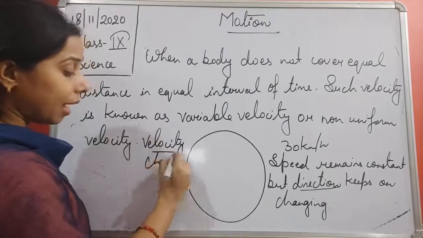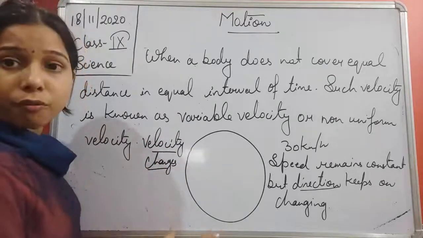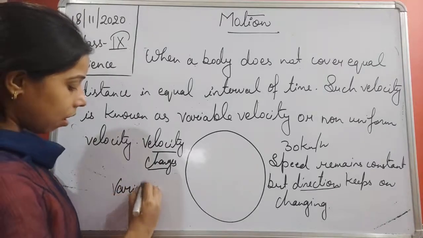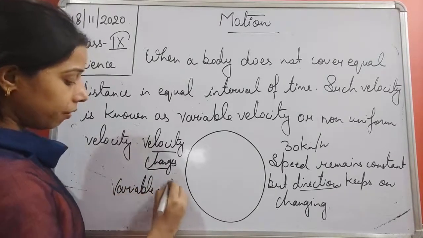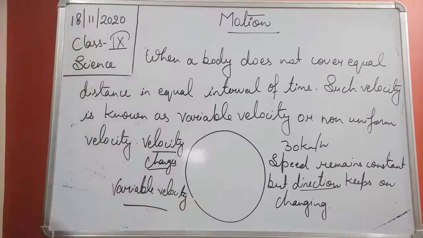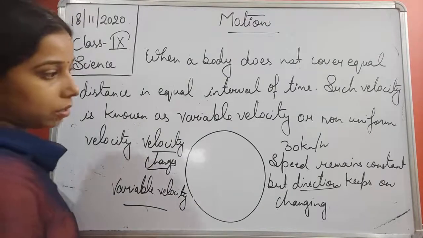At that time it is not a uniform velocity. We will use a term for it: it is a variable velocity. So you can write it as non-uniform velocity or variable velocity.